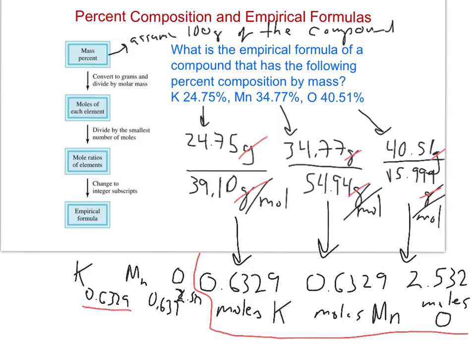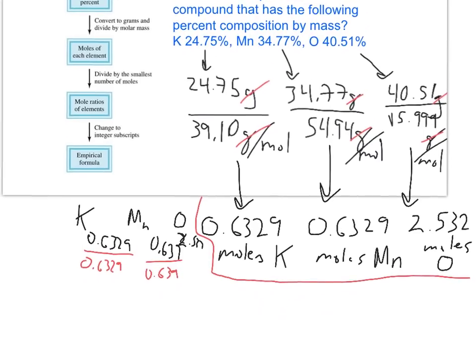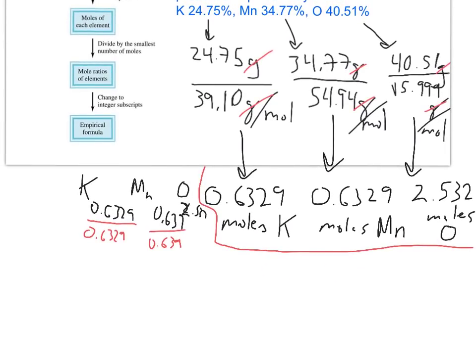We could pick either potassium or manganese. And oxygen's a little messy there, but we'll come down. So for oxygen, 2.532 divided by 0.639, all units of moles.